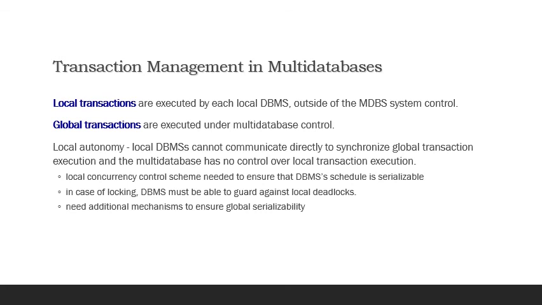But the multi-database system is aware of the fact that local transactions may run at the local sites. A local concurrency control scheme is needed to ensure that the DBMS's schedule is serializable. In case of locking, the DBMS must be able to guard against local deadlocks and needs an additional mechanism to ensure global serializability.